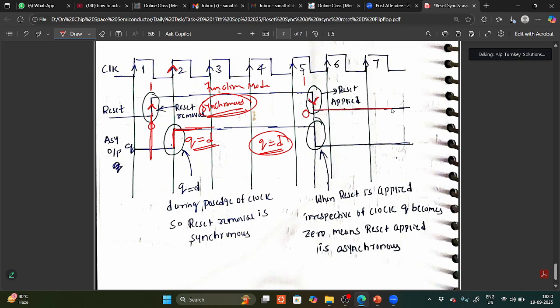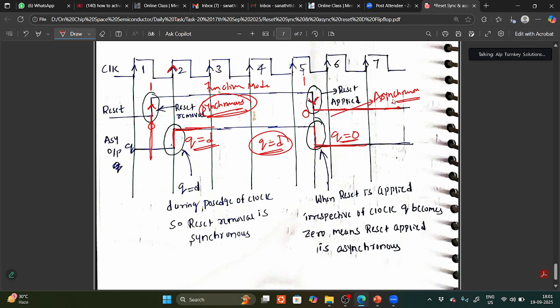When it is coming from functional mode to reset mode, immediately, irrespective of or independent of clock, it will go to 0. Q becomes 0. So reset applied we can call asynchronous. Reset removal is synchronous, but reset applied is asynchronous.